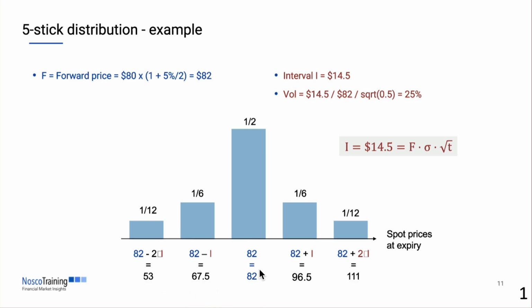So the difference between the prices is always 14.5. And if I then calculate what is that implied volatility, you will see it is 25%, right? So what we priced into this share is a typical annual price uncertainty of 25%. That's what volatility is, right?